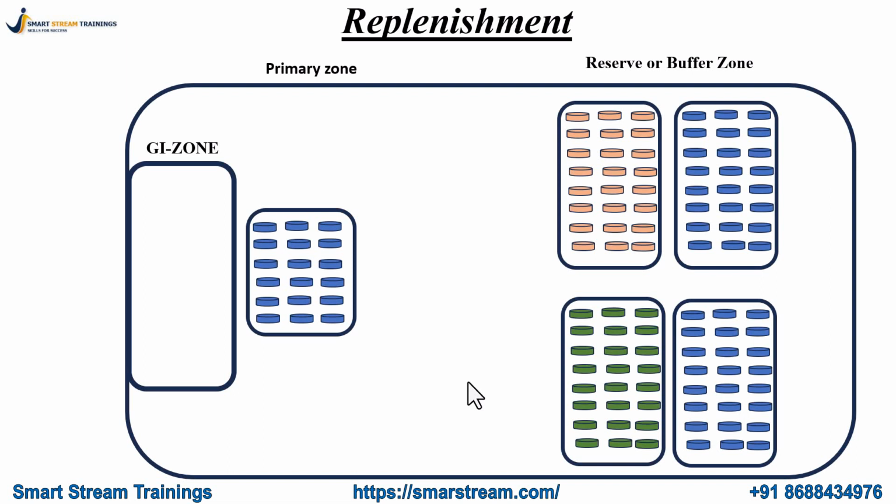So for the most frequently selling products, which customers order regularly, instead of storing them somewhere in the back side of the warehouse, it is better to store them very near to the GI zone, the goods issue zone.